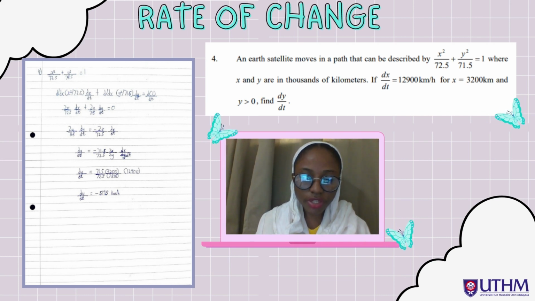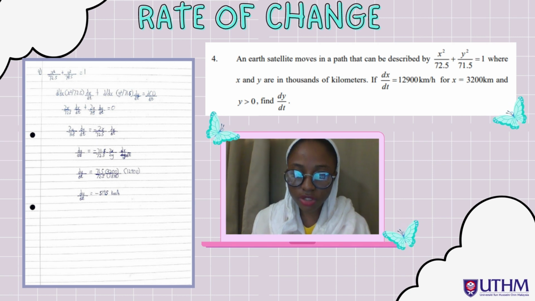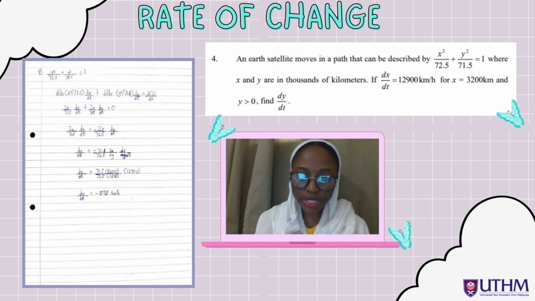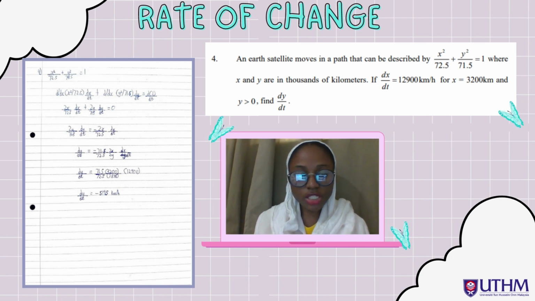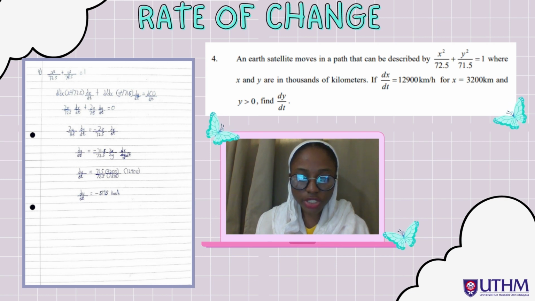So 2y over 71.5 dy over dt equals negative 2x over 72.5 dx over dt, because we took one side and brought it to the other side. This gives us dy over dt equals negative 71.5 multiplied by 2x over 72.5 multiplied by 2y, times dx over dt. Now we have to substitute the unknowns with the given values, which is x equals 3,200 kilometers. We will get the answer for dy over dt, which is equal to negative 5195 kilometers per hour.